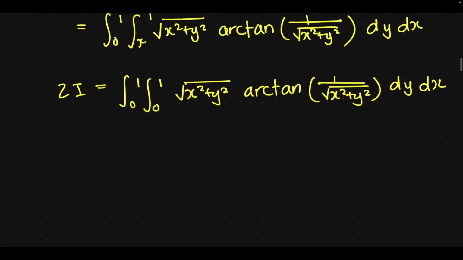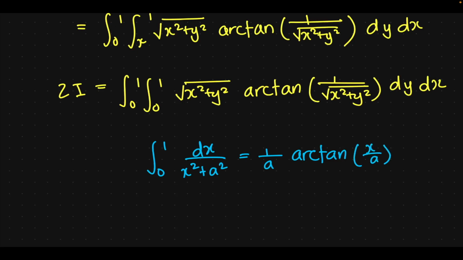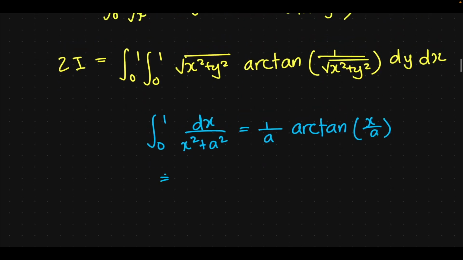Now, and here's the next master stroke, is to use the following formula. Integral from 0 to 1 of dx over x squared plus a squared is 1 over a arctan of 1 over a, sorry, this should be a 1.